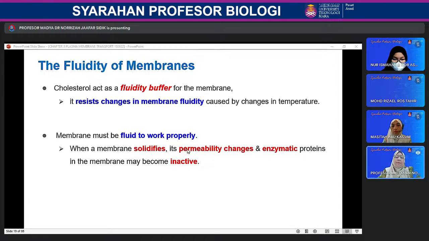If the membrane is solidified, then the permeability changes, and enzymatic proteins in the membrane may become inactive. That's why the membrane must be fluid, to function properly.